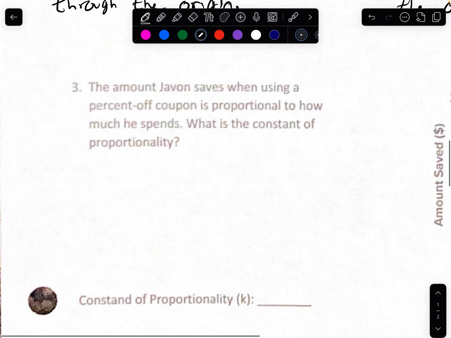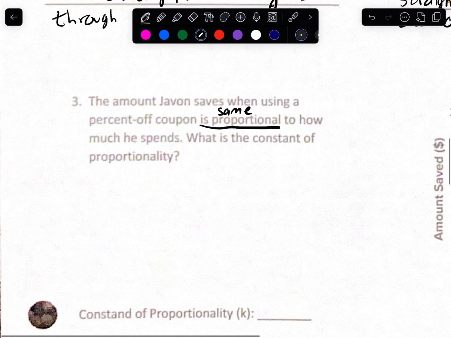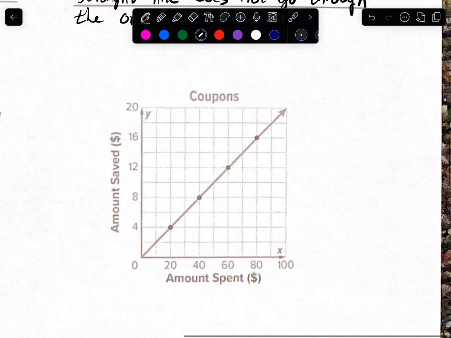Number 3, it says the amount Javan saves when using a percent-off coupon is proportional to how much he spends. What is the constant of proportionality? Okay, so let's look at what we have here.